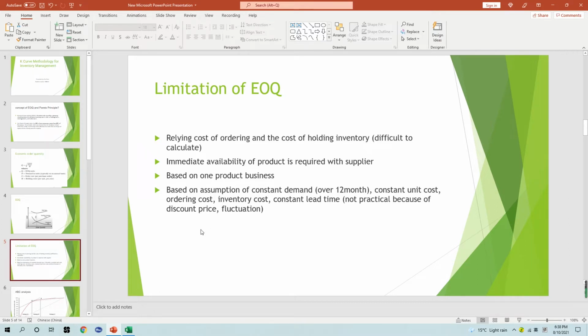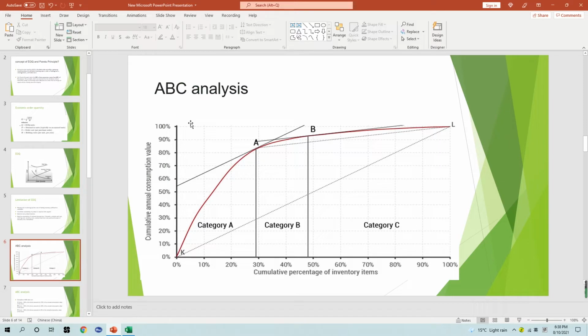Moving on, we have the Pareto principle, which is also understood as ABC analysis. If we look at this diagram, it shows that ABC analysis classifies items into three groups: category A, category B, and category C. At the bottom on the X axis is the cumulative percentage of inventory, and on the Y axis it shows the accumulated annual consumption value.